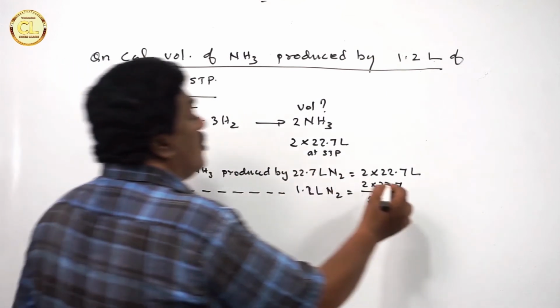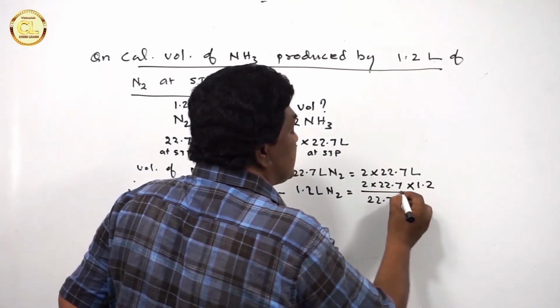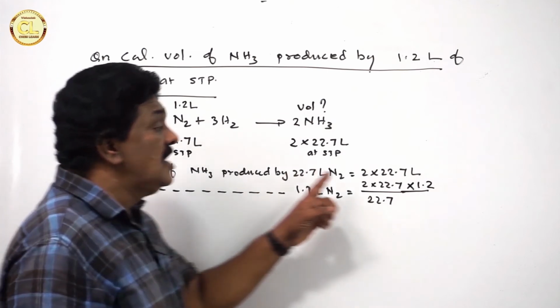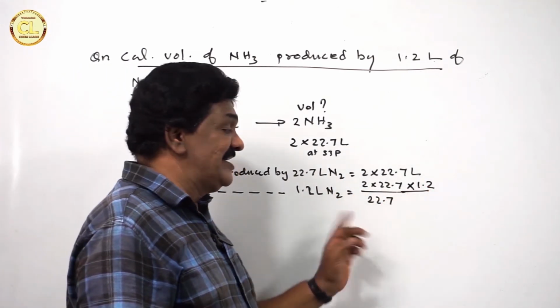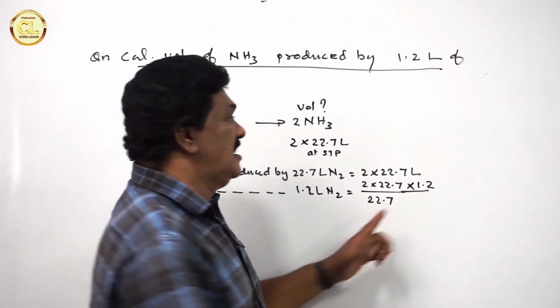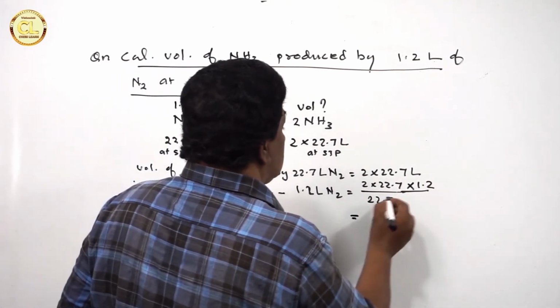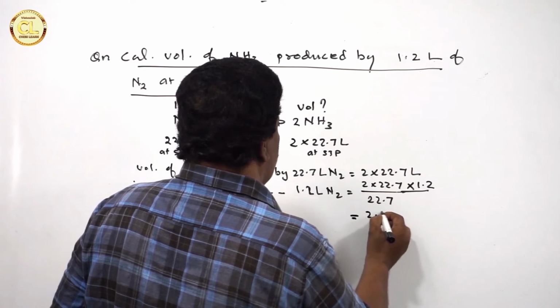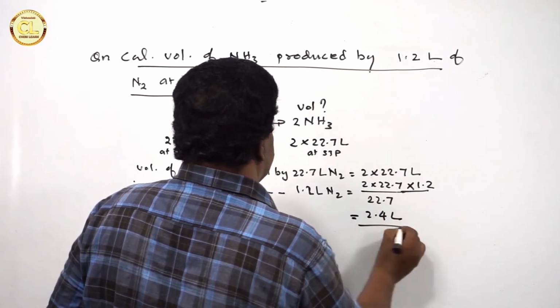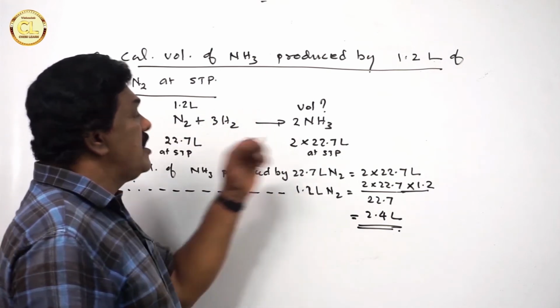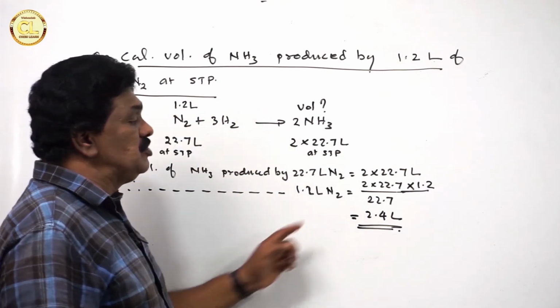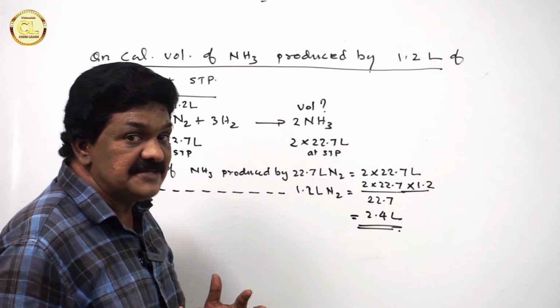Therefore, for 1.2 liter, the value is 2 into 22.7 into 1.2 the whole divided by 22.7. The value of this is 2.4 liter. This is the volume of ammonia produced by 1.2 liter of nitrogen at STP.